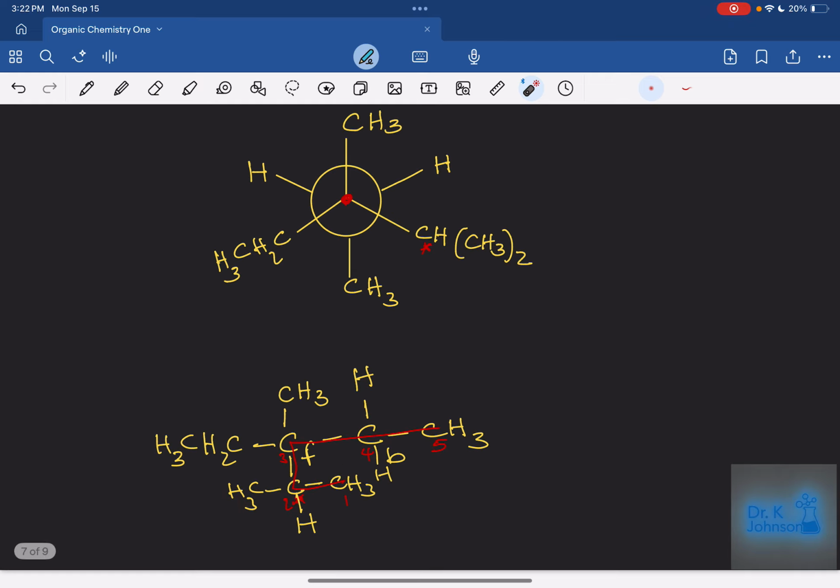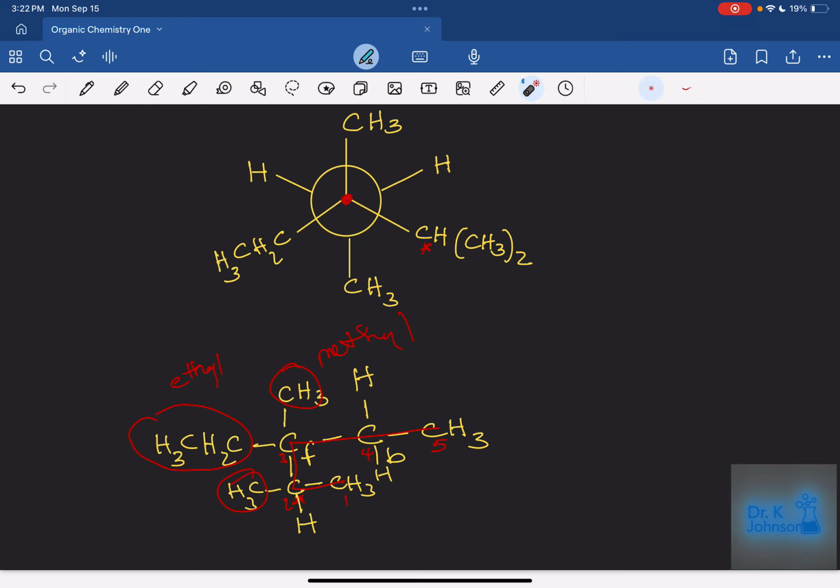So let us name this molecule. Here I have an ethyl group and I have a methyl group. Two of them actually, there's one here as well. So to name this, you're going to list them in alphabetical order.